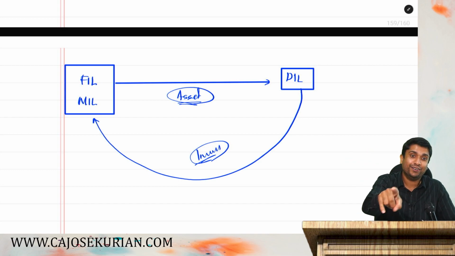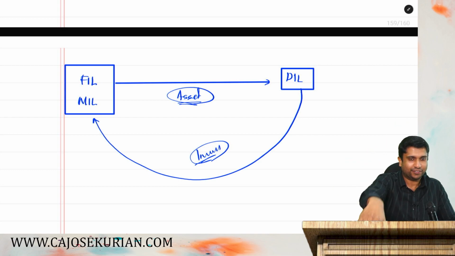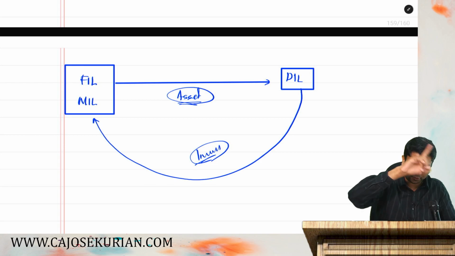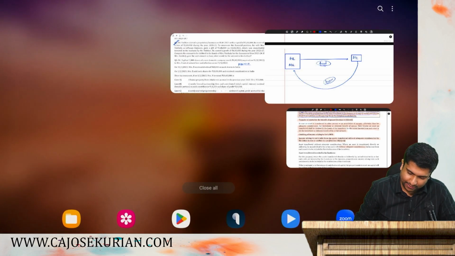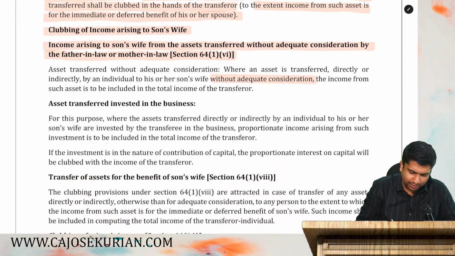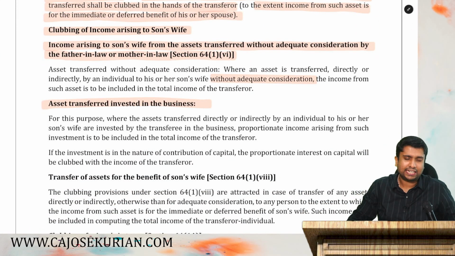But the daughter-in-law is your son's wife. So she is there in the family. So if you transfer, that will be clubbed in the hands of yourself. That's what they say. Now listen. The same transferred asset invested in business.